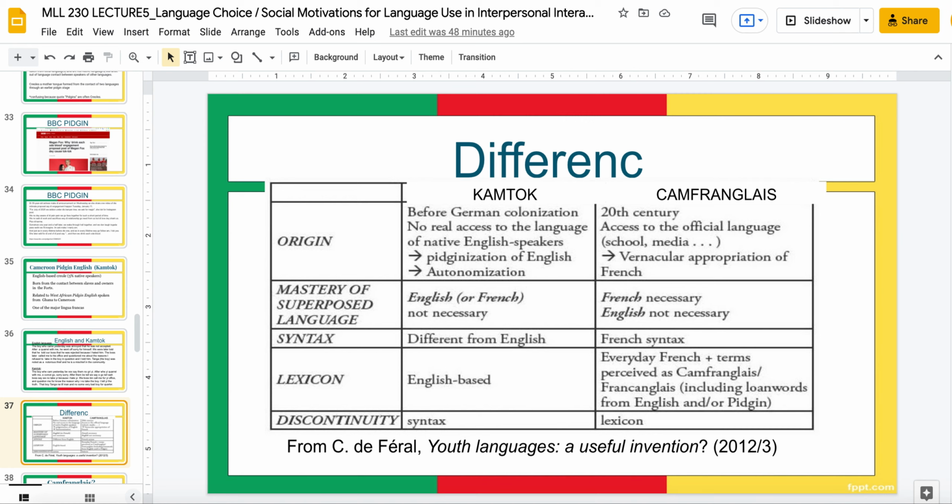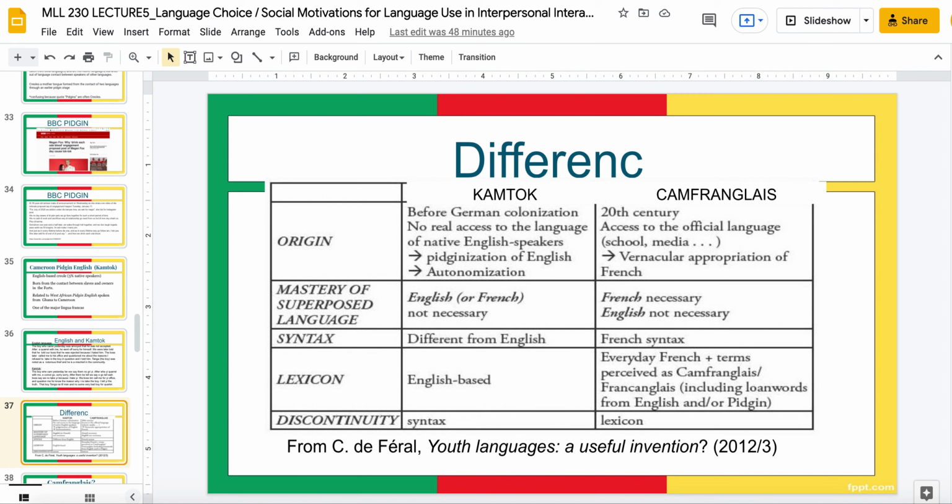So the differences between Camtalk and Franglais, right? Camtalk is a pidginization of English, so kind of reduced grammatical forms, whereas Franglais has a very vernacular appropriation of French.